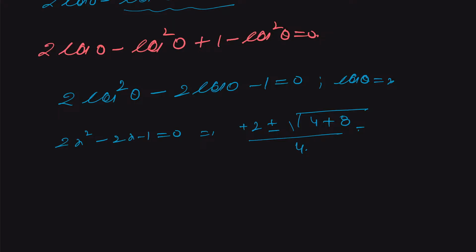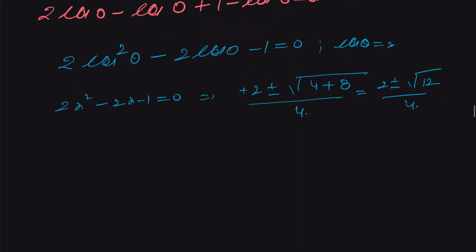Okay, so this will be 2 plus minus the square root of 12 upon 4, and we can write this as 2 plus minus 2 square root of 3 divided by 4. So this will be 1 plus minus square root of 3 divided by 2.